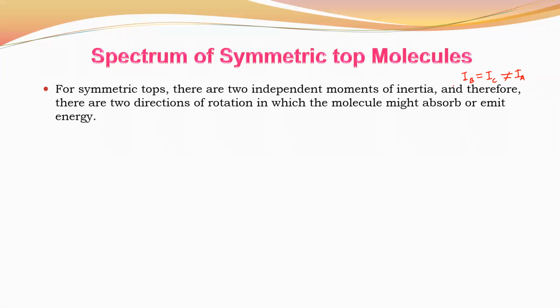So for a symmetric top, there are two independent moments of inertia, because we know that IB and IC are equal. They must be the same, and IA is different. Therefore, there must be two directions of rotation in which the molecule might absorb or emit energy.